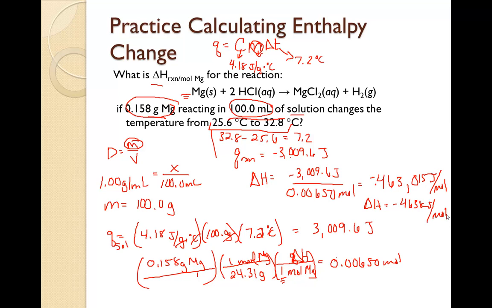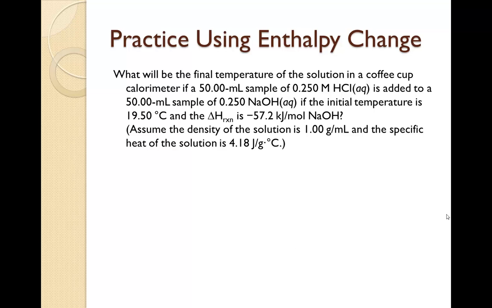Let's try another example before we're done. What is the final temperature of a solution in a coffee cup calorimeter? So we're looking for the final temperature. If a 50 milliliter sample of 0.25 molar HCl is added to a 50 milliliter sample of 0.25 molar NaOH, if the initial temperature, so this is our Ti, and the delta H of the reaction is negative 57.2.